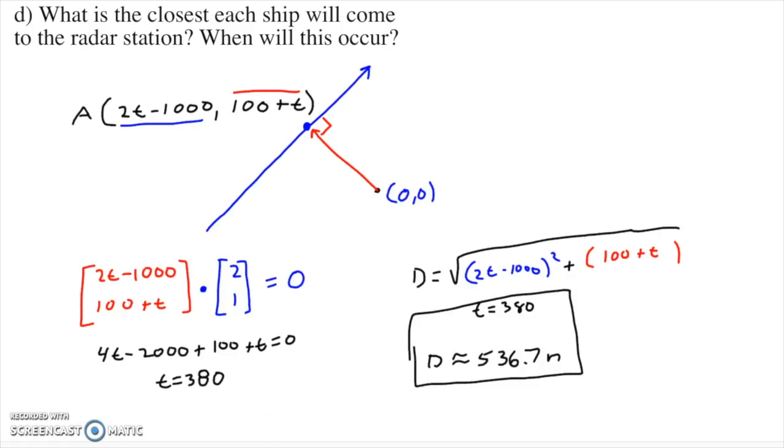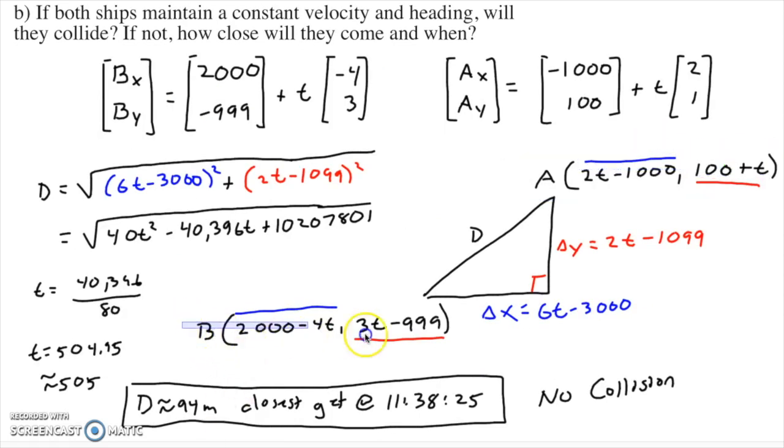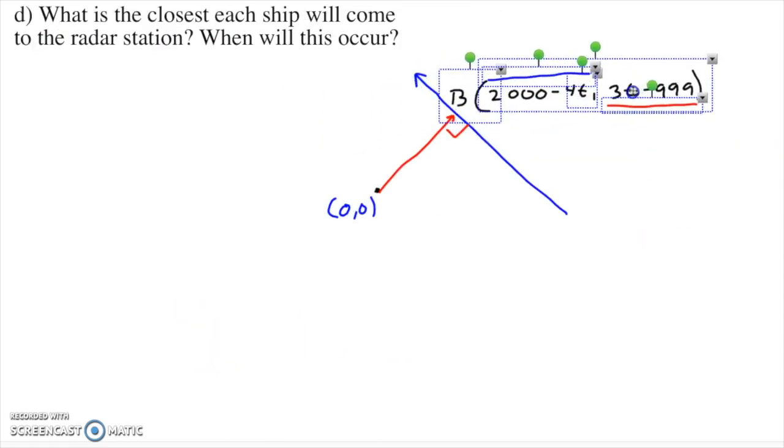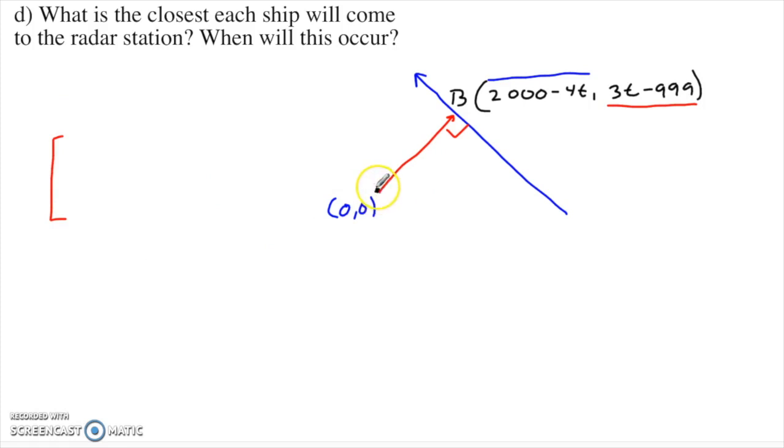Now the equation for the bandit, so right here is my bandit equation. For any given time, I can figure out exactly where the bandit is by looking at 2000 minus 4t and 3t minus 999. So we're going to start by creating this red vector. This red vector is going to be the change from 0, 0 up to the position of the bandit.